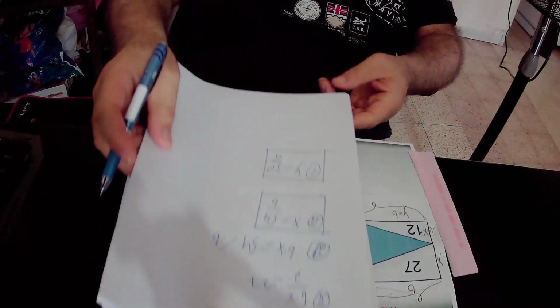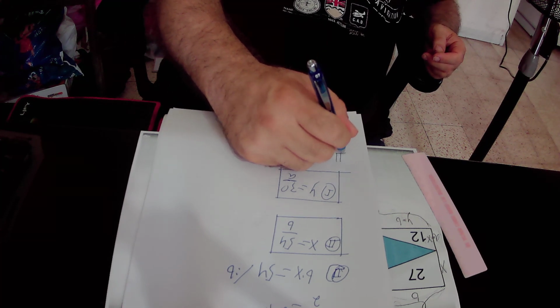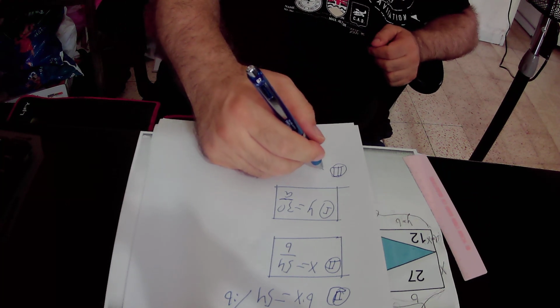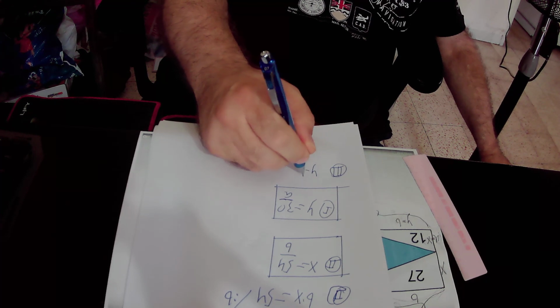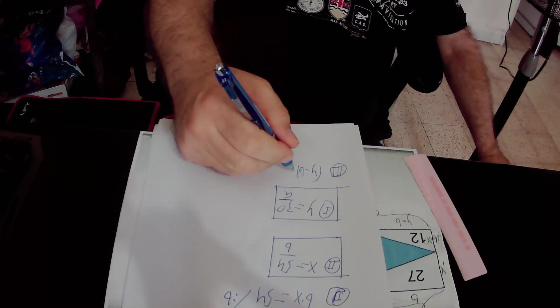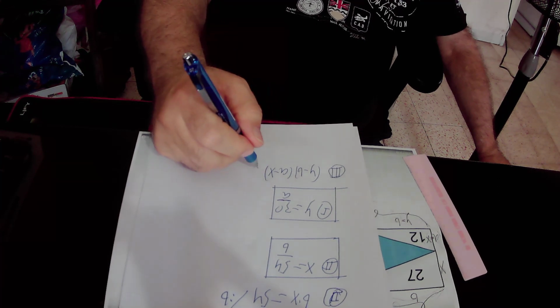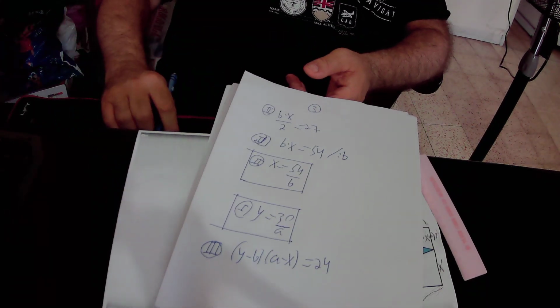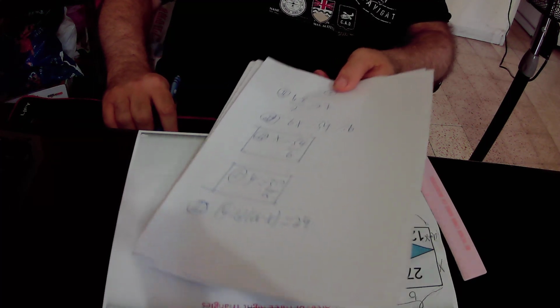The third equation is y minus b times a minus x equals 24.